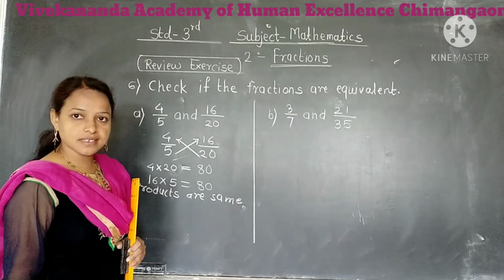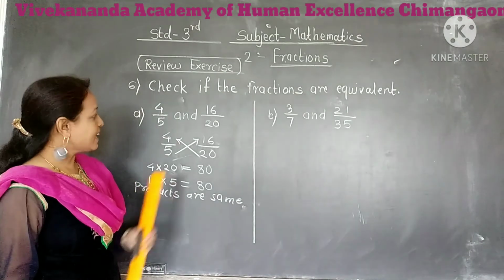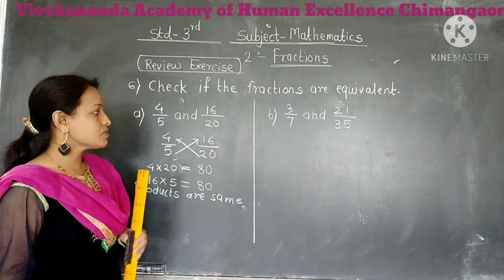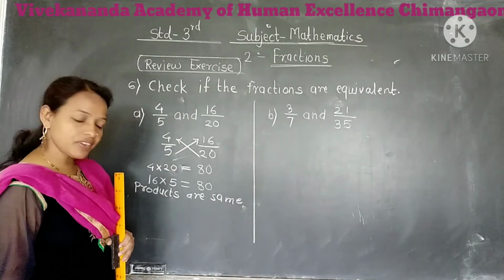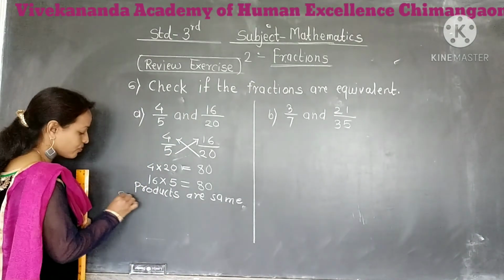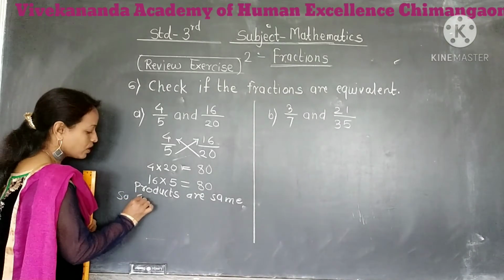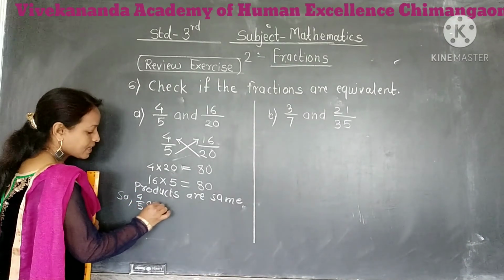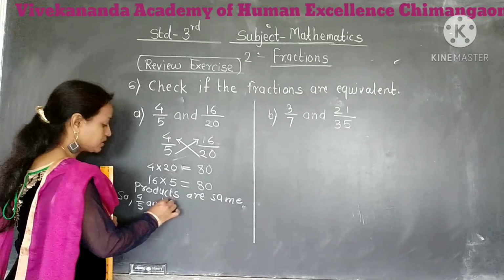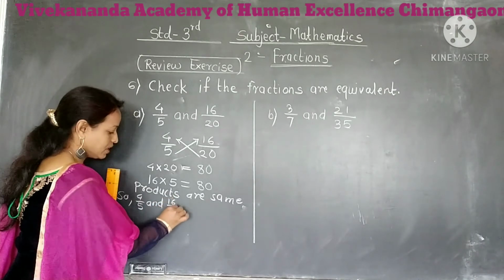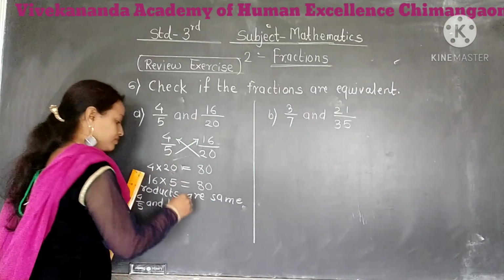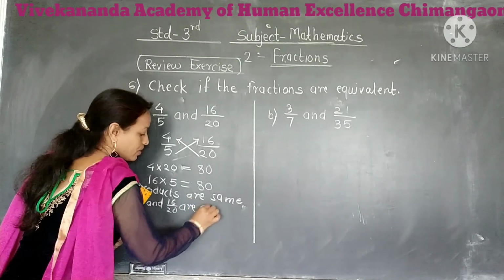If products are the same, then we say that 4 upon 5 and 16 upon 20 are equivalent fractions. So 4 upon 5 and 16 upon 20 are equivalent.